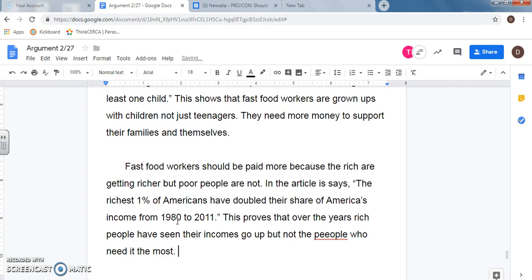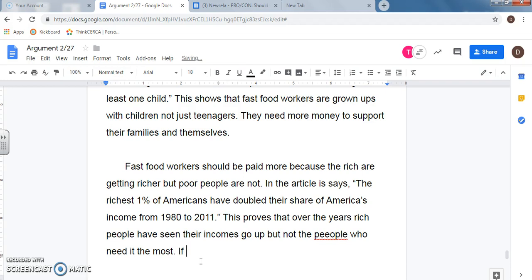Okay, so this isn't really fair, right? Okay, so this proves that the poorest Americans, the fast food workers, should also see an increase in their pay.